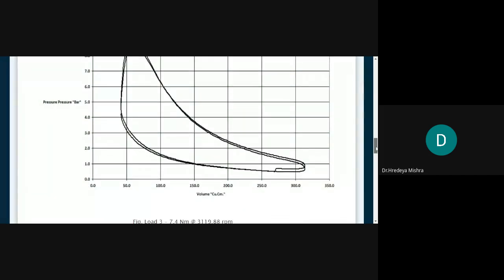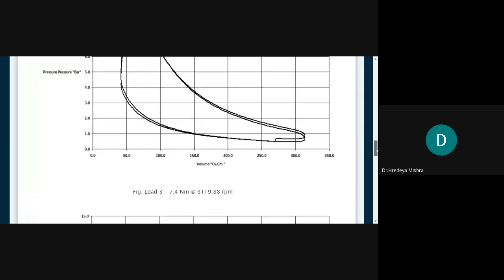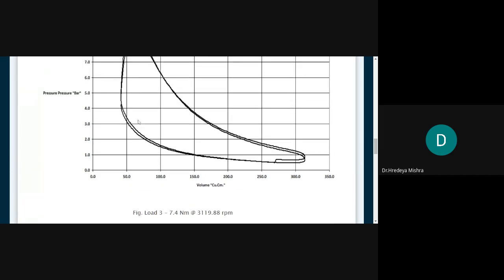Now this is load number 3, and for the different load condition and the speed condition we get different pressure volume diagrams.